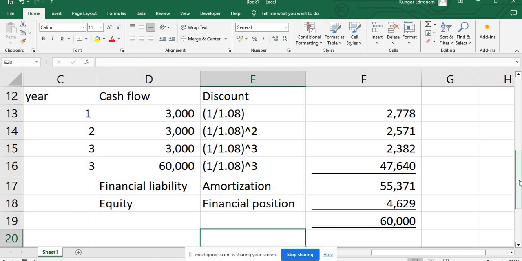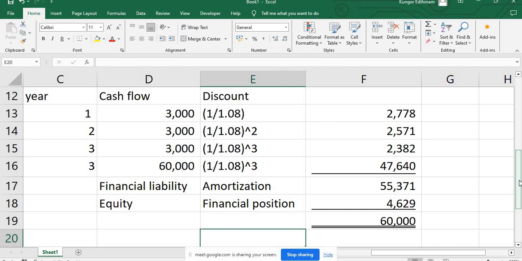Within the 5 years in which the loan note was issued, I was a creditor to the company. But on the date of redemption, I can decide to go for a cash of 60,000, or the company will convert my 60,000, which they would have to give me, into shares, so that I will be a shareholder.